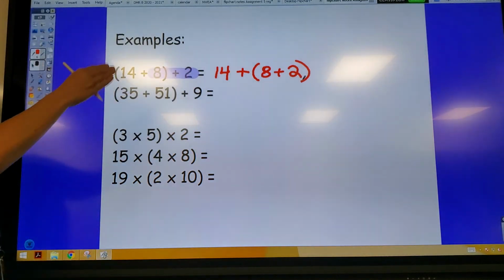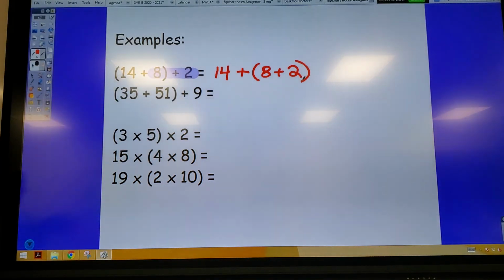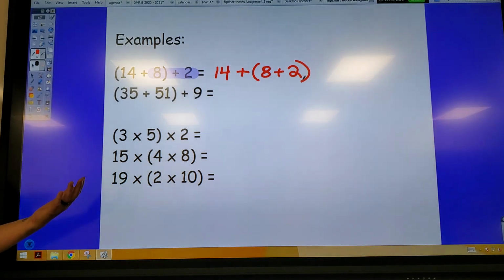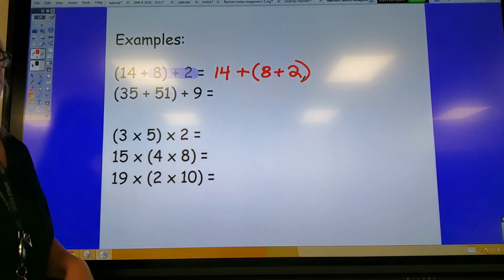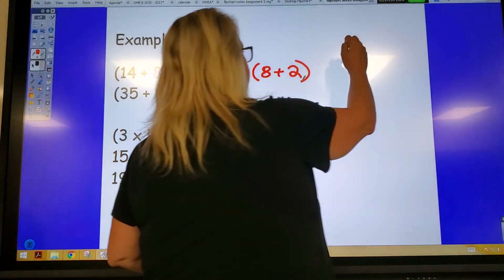Notice that the order of the digits has to stay the same in order to be using the associative property. What happens if you mix up the order of the numbers? Then that means you use both the associative property and the commutative property. Would that still work? Not if they're only saying use the associative property. Okay. So what would be the answer here? 24. 24, right? 14 plus 10, 24.